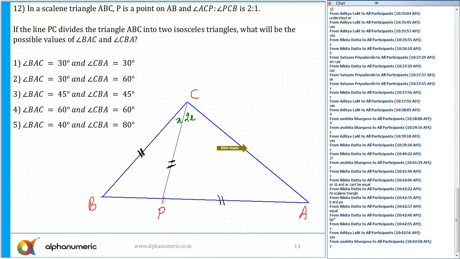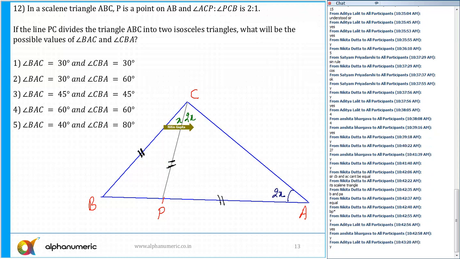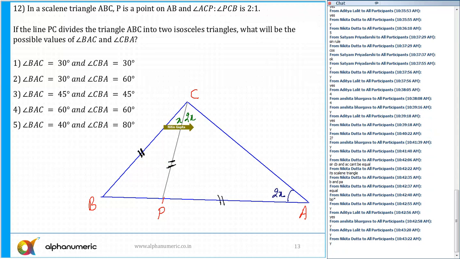So this side is equal to this side, and this side is equal to this side. If this angle is equal to 2x, I can say this angle is also equal to 2x, isn't it? If this is 2x and this is 2x, then the exterior angle BPC is 2x plus 2x, that is equal to 4x.